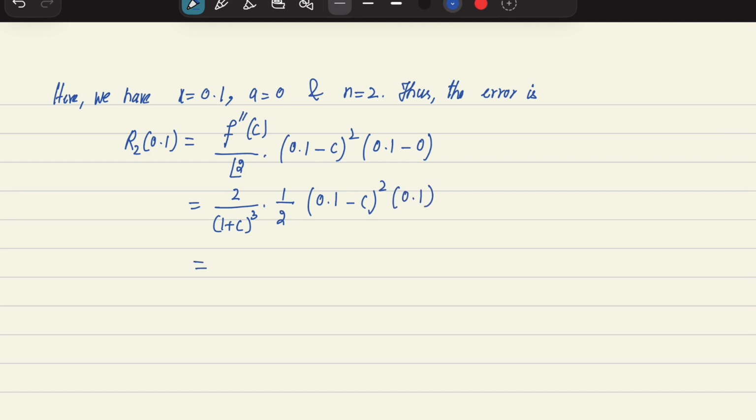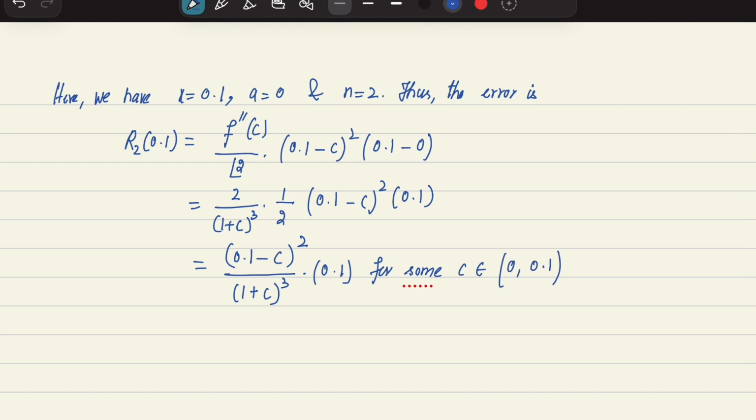So this becomes 0.1 minus c whole squared divided by 1 plus c whole cube into 0.1, because the 2 and 2 cancel and the remaining is written in simplified form. This is for some c belonging to the interval between a and x, where a is equal to 0 and x is equal to 0.1.